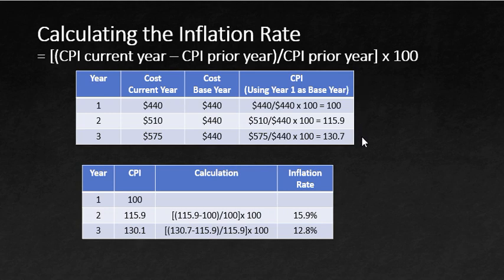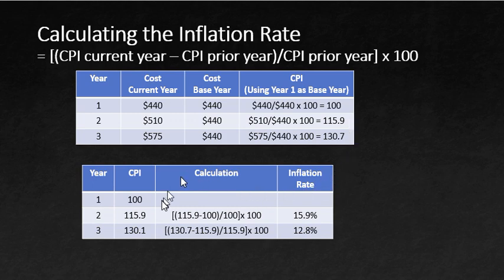And the way to calculate the inflation rate is we want to take the CPI from the current year minus the CPI from the prior year, divide all that by the CPI from the prior year, and then multiply that by 100. So using this data from the table here, we have the CPI in year 1 is 100, year 2 is 115.9, and year 3 at 130.7.